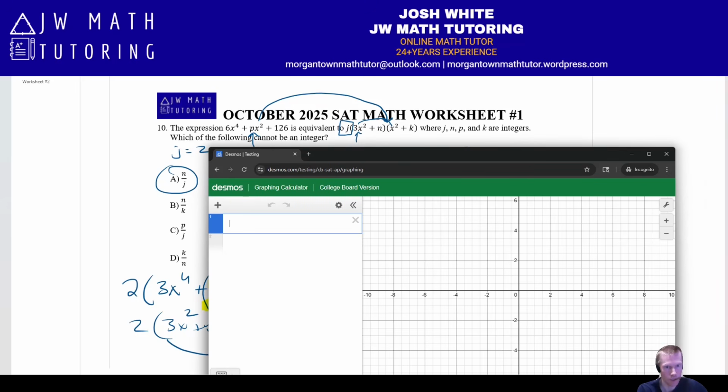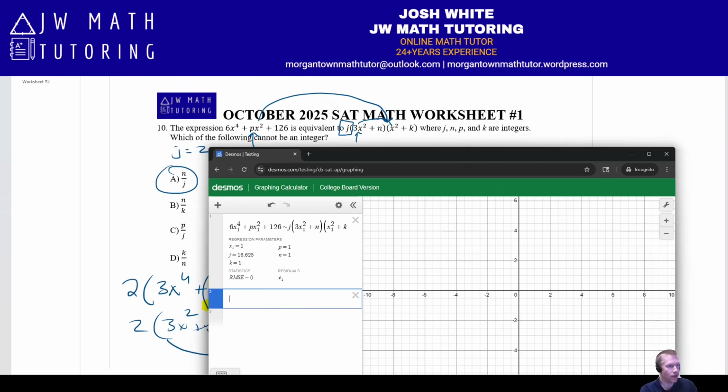Basically, I am going to first type in the original expression, okay? And then after that, I'm going to do regression. I'm going to set it equal to the expression with the n and k, the factored form of it. Make this a 1.